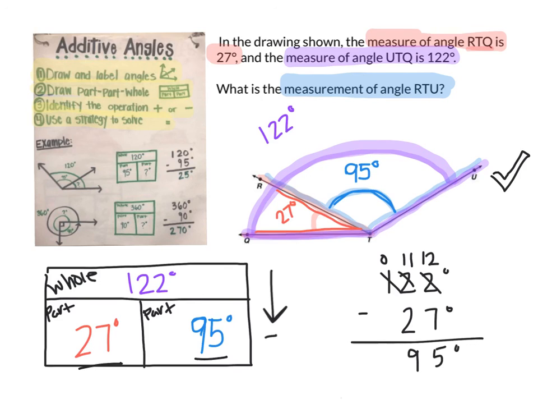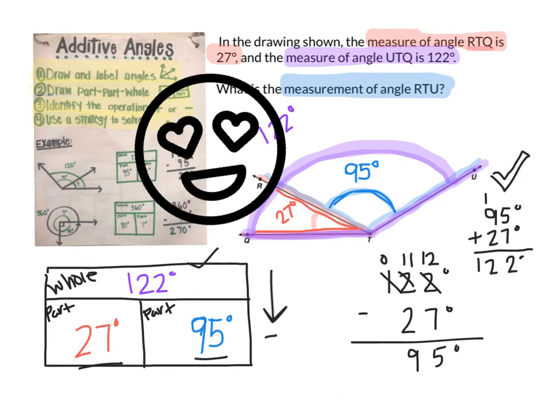So we're going to take 95 degrees plus 27 degrees. We're adding them up to check our work. 7 plus 5 is 12. 9 plus 2 is 11. Plus 1 is 12. 122 degrees. Yep, that matches our whole. So our answer is correct. Awesome work, 4th grade. Make sure you take a picture of your work and submit it.